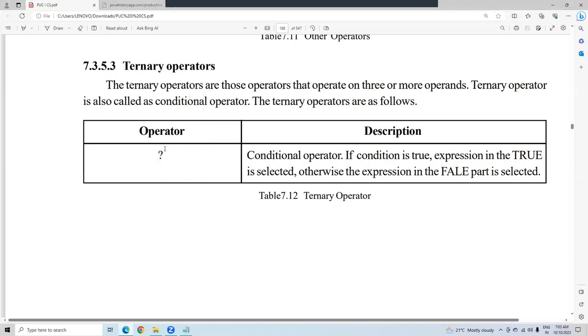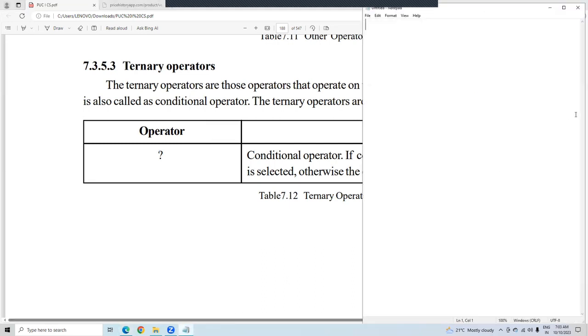Here it is going to work like this. Say I'll write C equal to 7 greater than 5 question mark 1 colon 0.